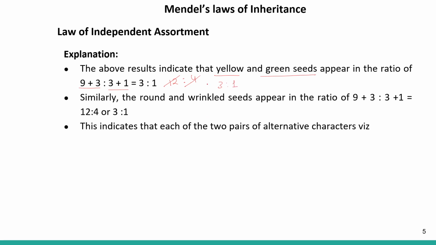Similarly, the round and wrinkled seeds appear in the ratio of 9+3:3+1, so you again get 12:4, and when you simplify it, you get 3:1. This indicates that each of the two pairs of alternative characters follows the monohybrid ratio.